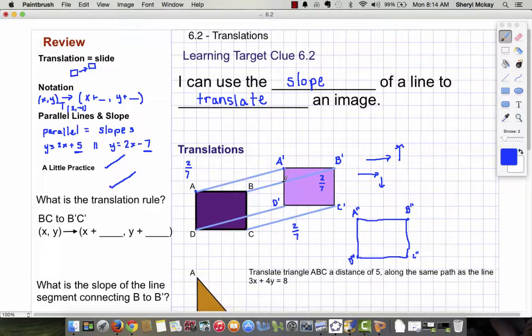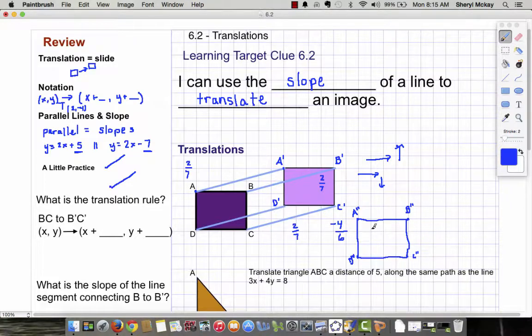You'd go 1, 2, 3, 4, so -4. And then we would go positive 1, 2, 3, 4, 5, 6, so -4 over 6. Now, that's what our translation is, but the actual slope of the line would be -2/3 because we would want to reduce it.